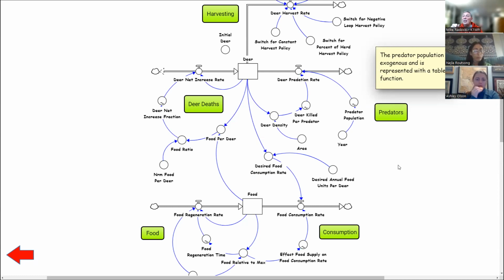So as the density goes down, the deer killed per predator is going to go down because the deer are harder to find, right? When they're everywhere, you know, you can just almost run into one. You can't help yourself. They're everywhere. But when they're scarce, they hide and it's harder to get them, right? So it's sort of a productivity measure, right? The deer killed per predator, and then the number of predators determine the death rate due to predation.